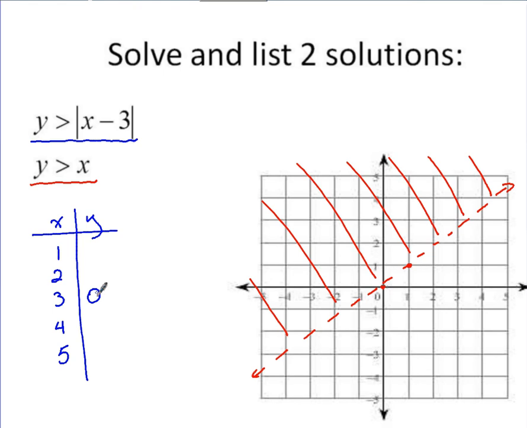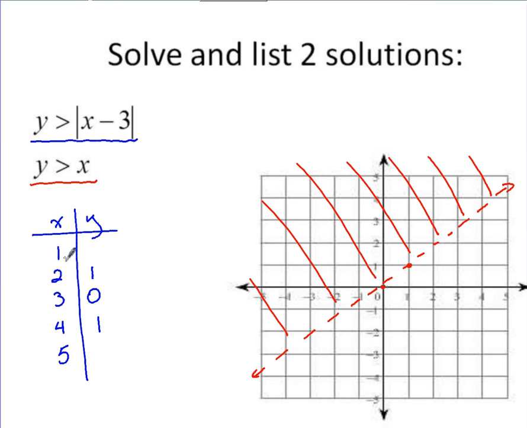But notice what happens when you pick the surrounding values. If I choose 2, working my way back, plug in, you've got the absolute value of 2 minus 3, which is the absolute value of -1, which is just 1. For those surrounding values, you start to see this pattern, which is why we get this V shape. If you took 4 and plugged in, you get the same thing, right? You're going to get 1 back here.